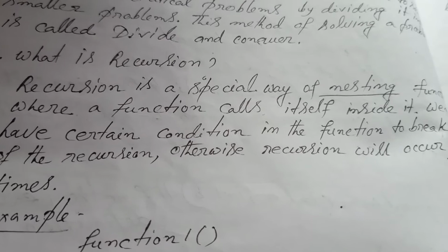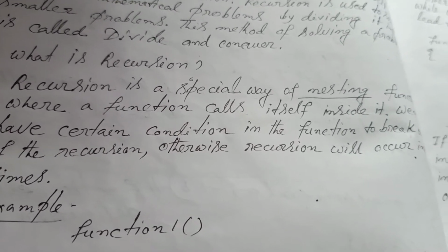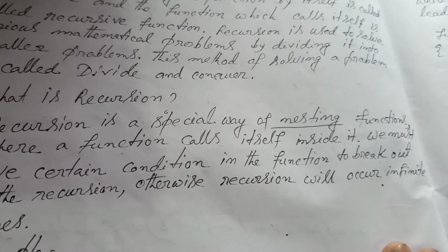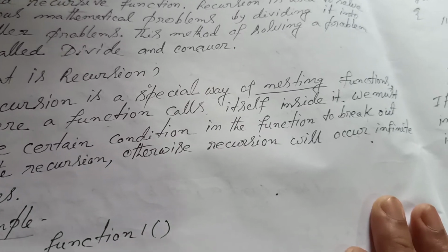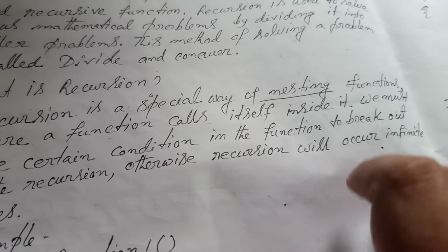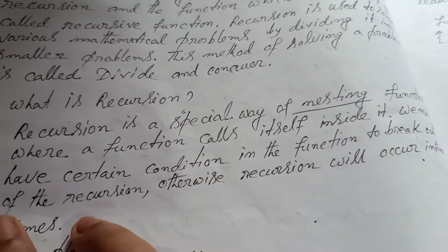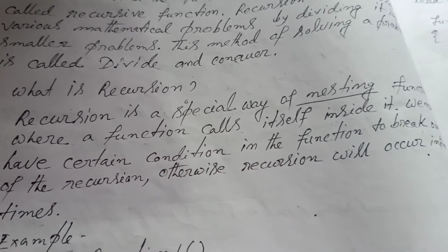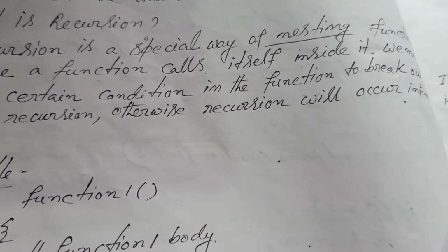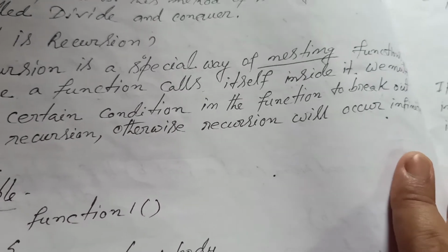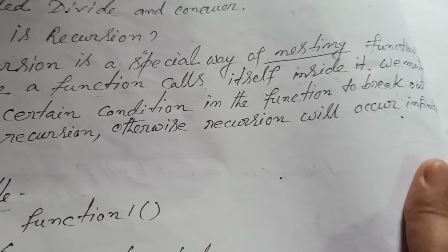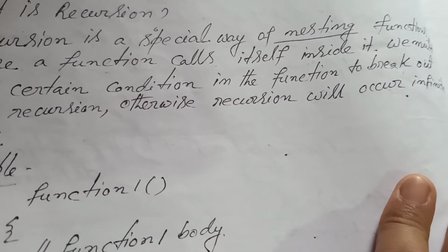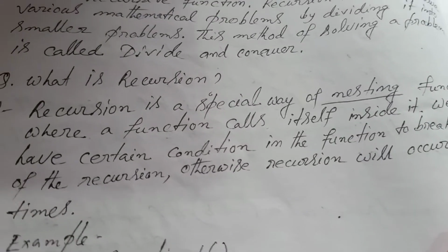Recursion is a special way of nesting function where a function calls itself inside it. We must have a certain condition in the function to break out of recursion. Otherwise, recursion will occur infinite times.